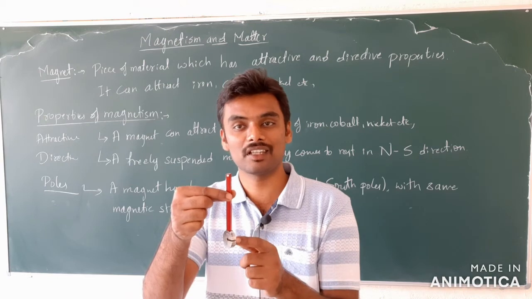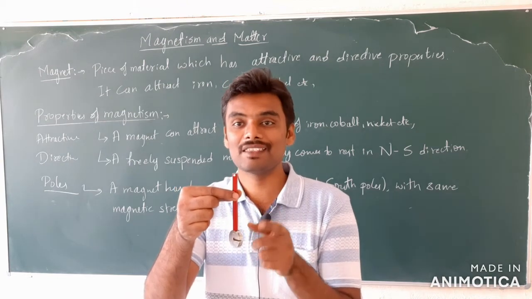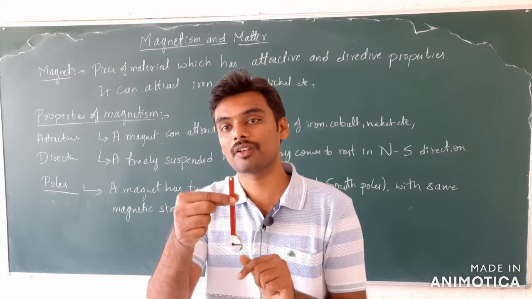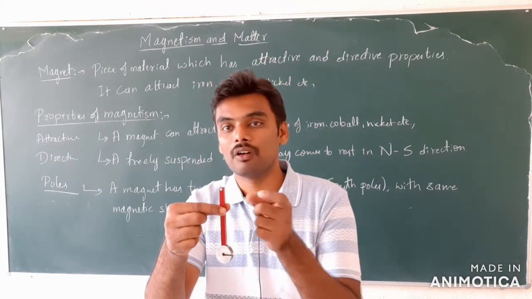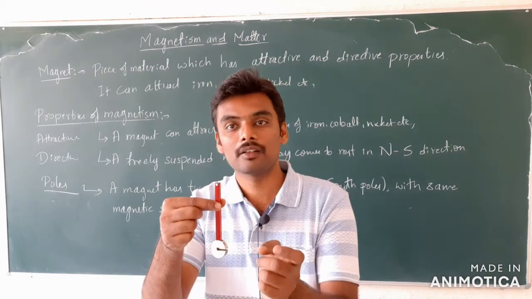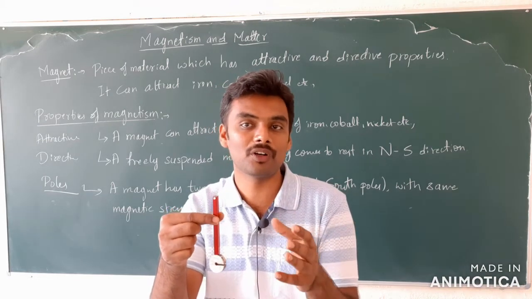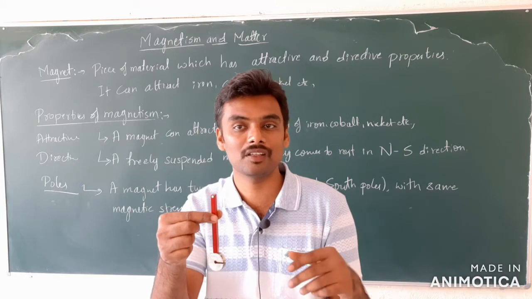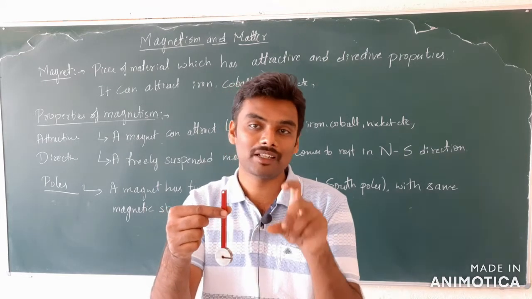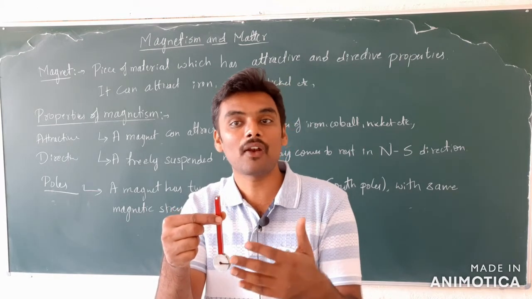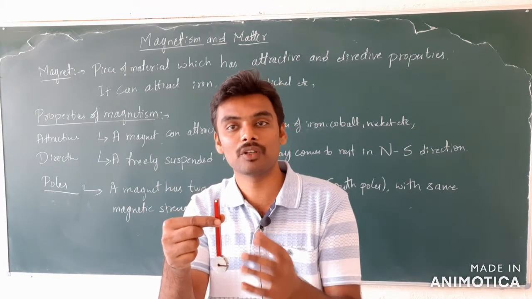That's why it is still sticking. If the magnetic strength is lesser, then it cannot hold this body. Okay, let me show you a small magnet with less magnetic strength, because we'll see what are the factors which will decide magnetic strength. Before that, I'll bring another magnet, the smaller one, which has less magnetic strength, and hence it cannot attract with the same amount of force as this.